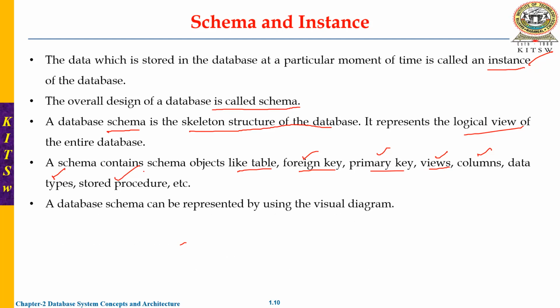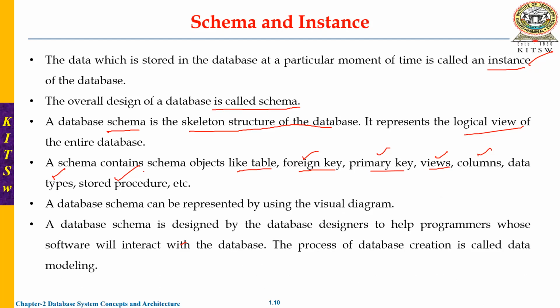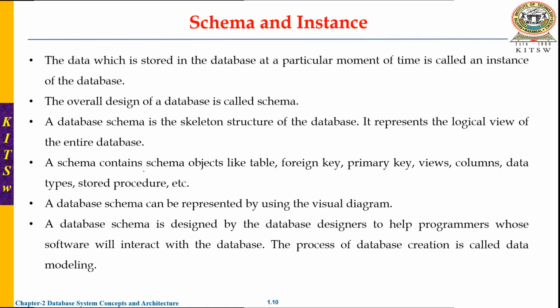A database schema can be represented by using visual diagrams. A database schema is designed by the database designer to help programmers whose software will interact with the database. The process of database creation is called modeling.